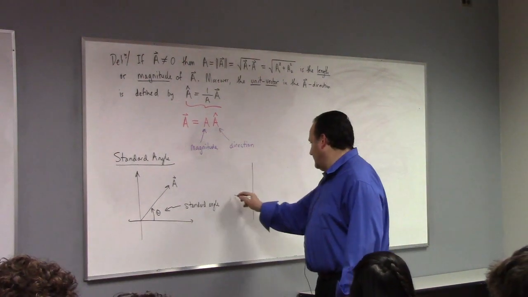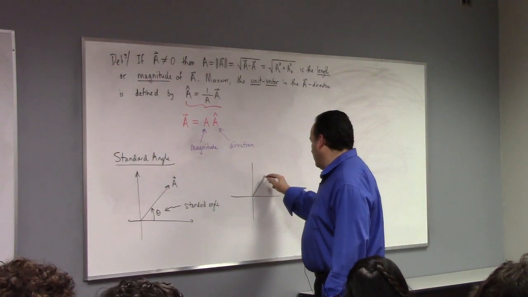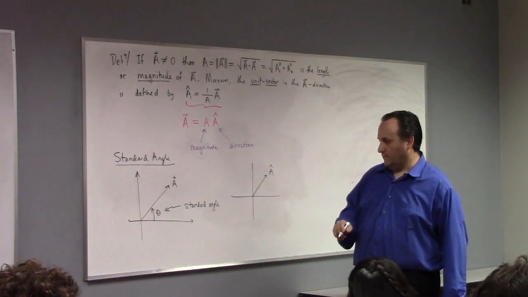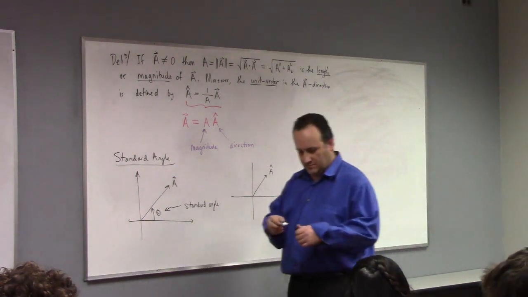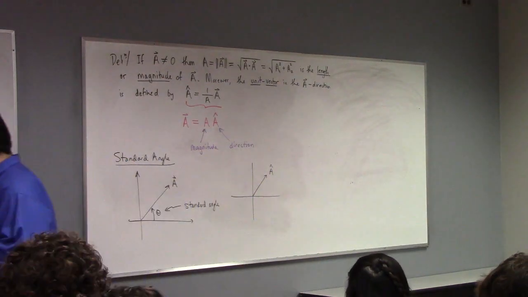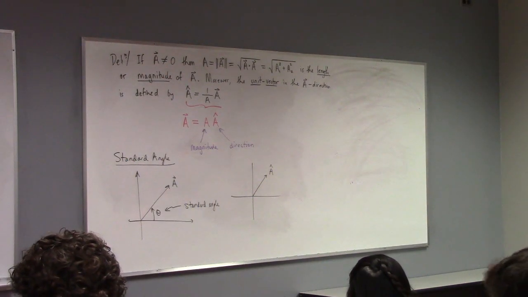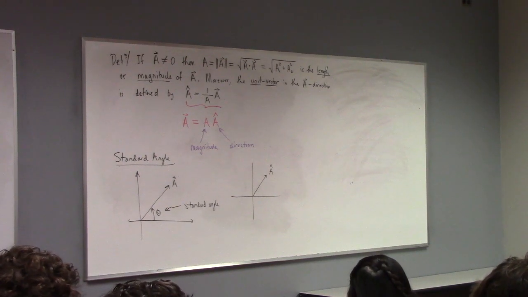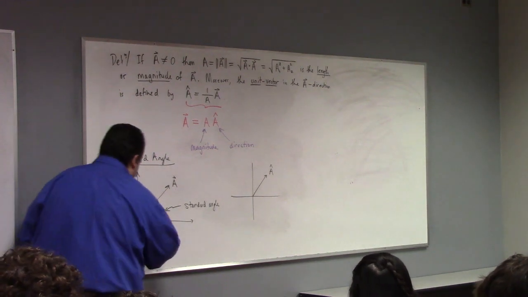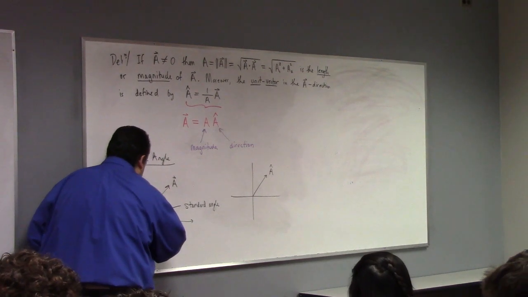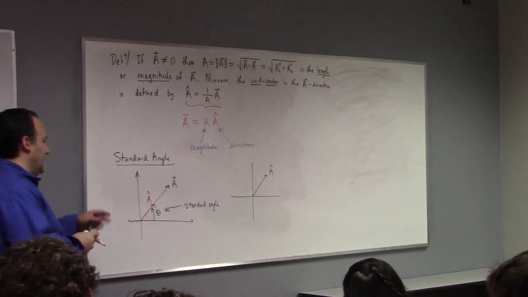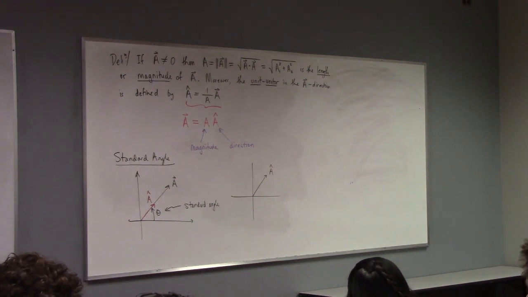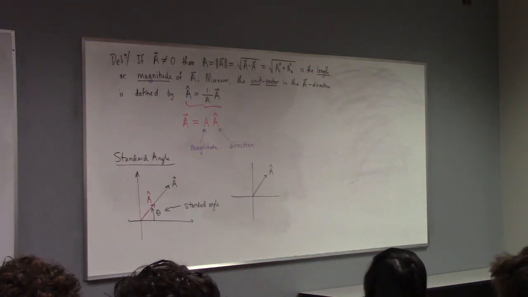If you look at A hat, where is A hat in this picture? Notice that the vector A is a scalar multiple of A hat, right? So in the picture here, you could draw A hat like this. It's in the same direction. Here I'm assuming that the vector A has a length larger than 1 when I draw that picture, right? The point is that they share the same angle, right?